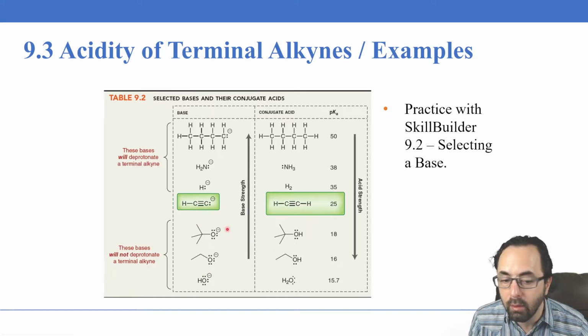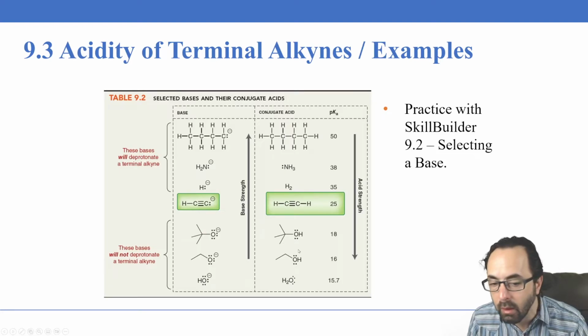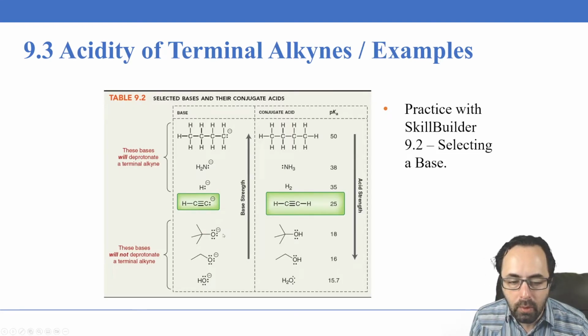The stronger the acid, the weaker the conjugate base, because that acid wants to get rid of the proton more, right? And so these will be weaker bases than the alkylide ion itself, and they will not deprotonate the alkyne. However, if we look at hydride ion, amide ion, and these ions here with the deprotonated alkanes, these would be significantly stronger bases here than the alkylide ion, and these would deprotonate the alkyne.